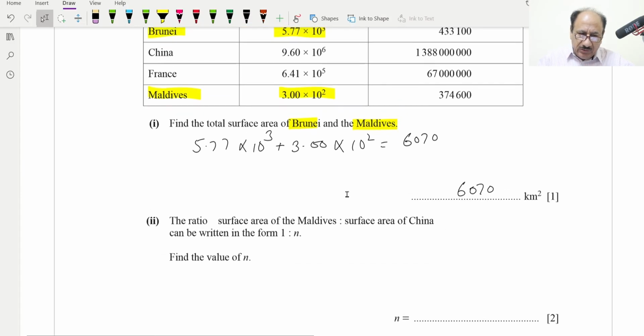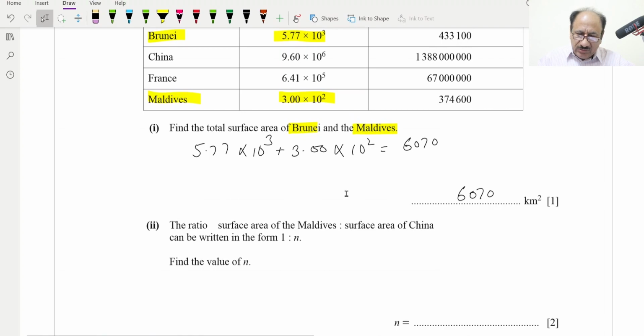Now they are saying the ratio of the surface area of Maldives to the surface area of China can be written in the form 1 to n, so we have to find the value of n.